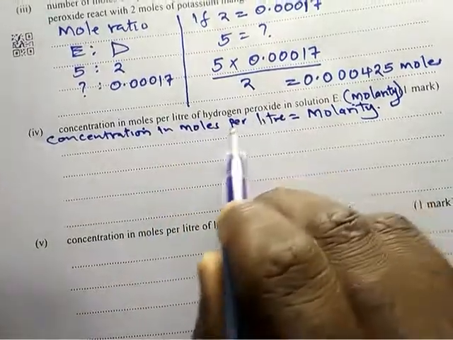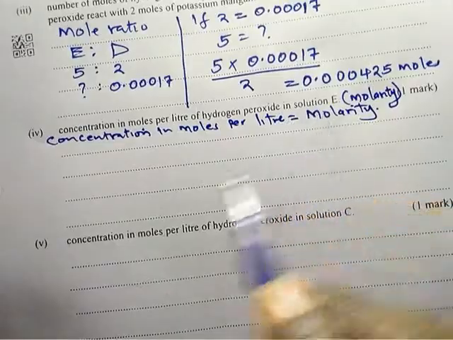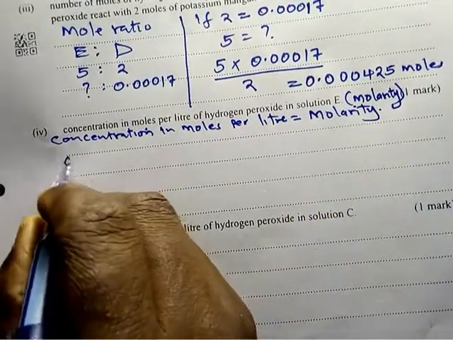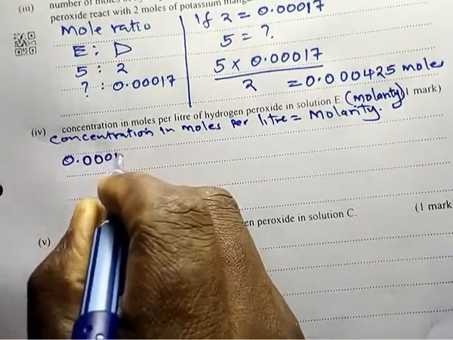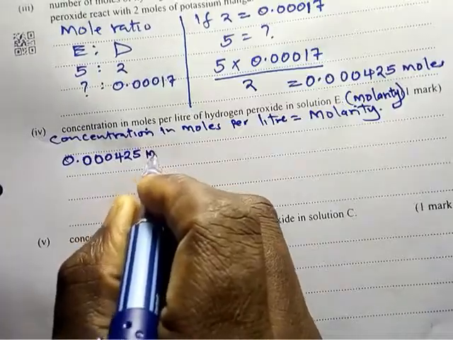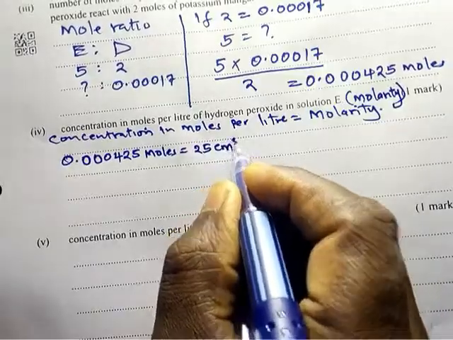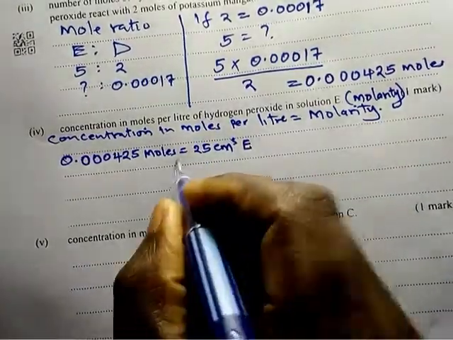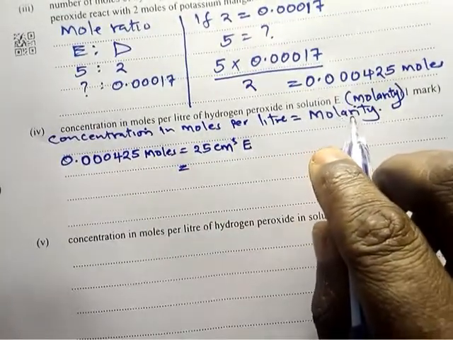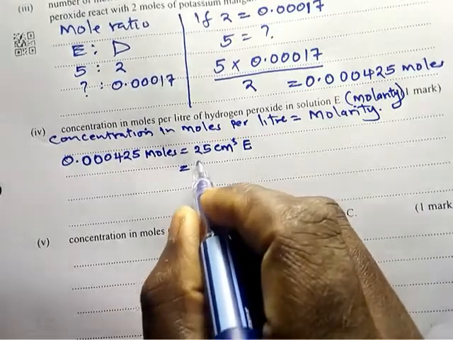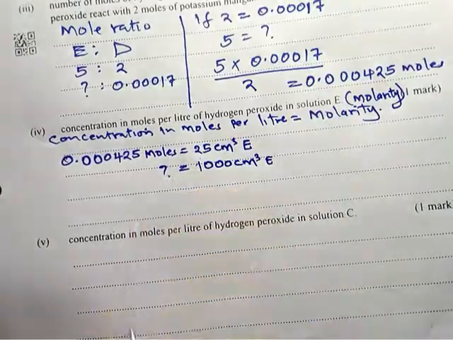But we know now the number of moles of solution E in 25. What will be the number of moles in a liter? So we will say 0.000425 moles in 25 centimeters cube of E, right? Concentration in moles is moles in 1 liter. Molarity is the number of moles in a liter. So we will ask, a liter is 1,000 centimeters cube. 1,000 centimeters cube of E will contain how many moles?